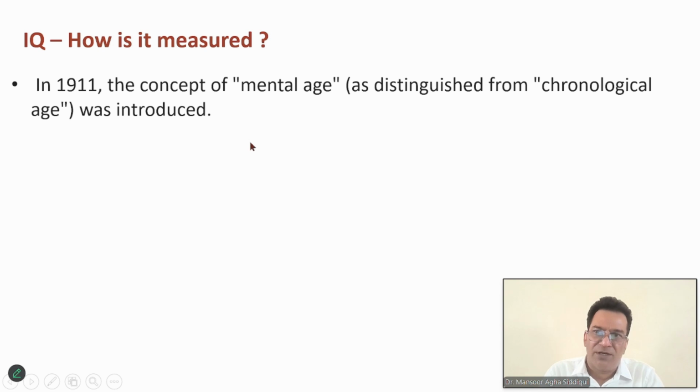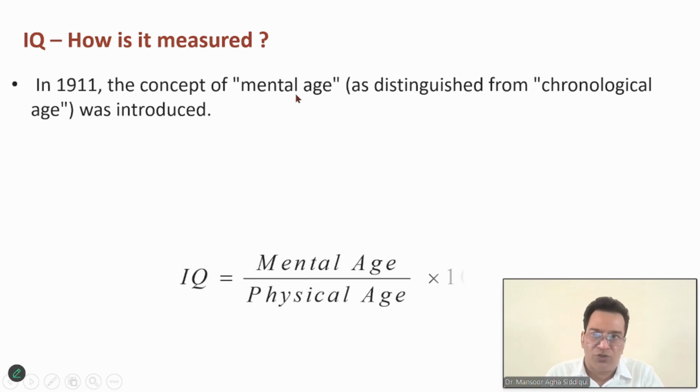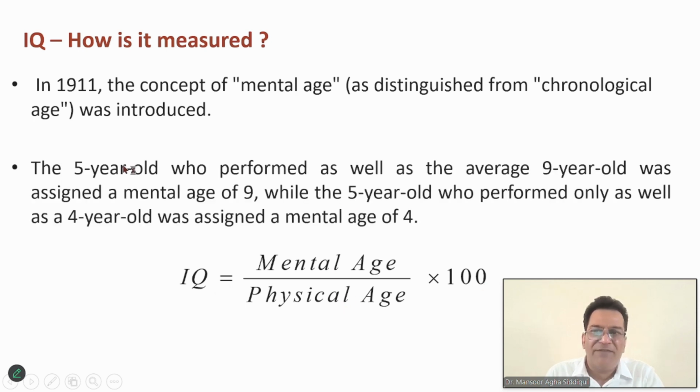So how is it measured? In 1911, a concept of mental age was introduced, and IQ was defined as mental age upon physical age multiplied by 100. As a result, if there was a 5-year-old who performed as well as a 9-year-old, then that person was given a mental age of 9.